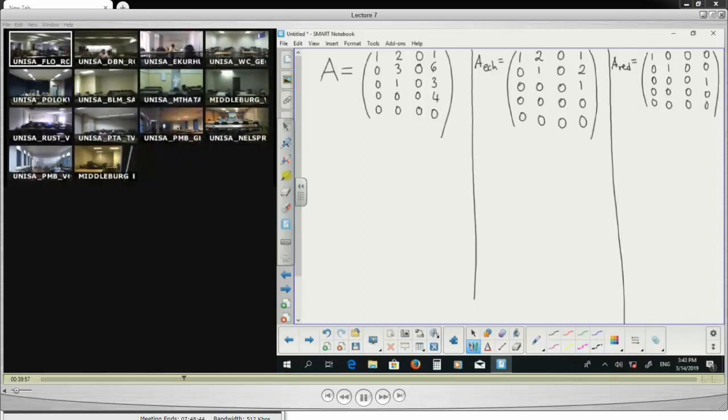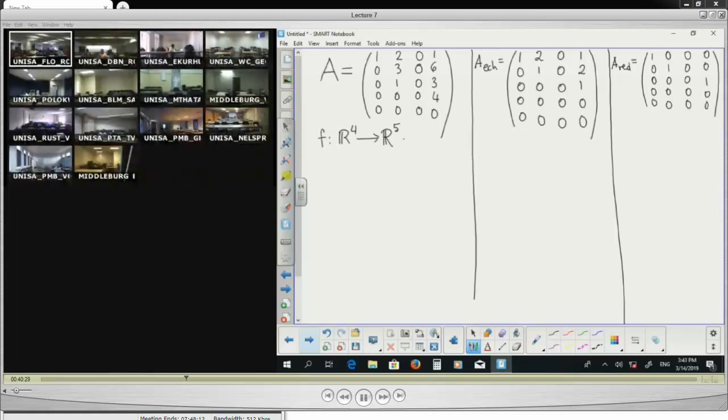What is the codomain vector space? But isn't the domain R4 and the codomain R5? Correct. Okay? So how is it R5?